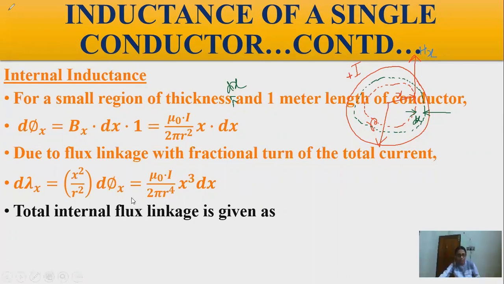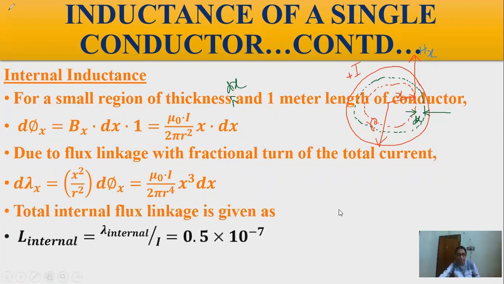So the total internal flux linkage can be obtained just by integrating this d lambda x from 0 to radius r.